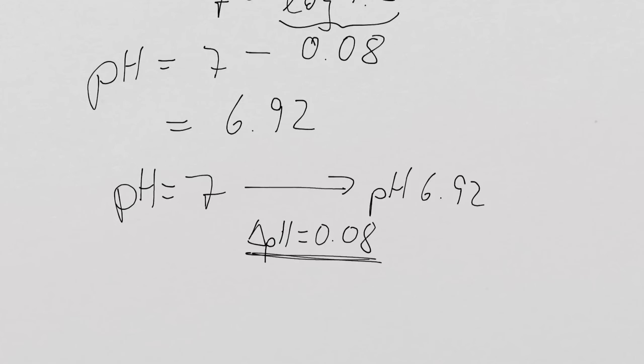Would you stick your finger into the solution of pH 6.92? 6.92, yeah? That's pretty safe. Would you stick your finger into a solution of pH 2? Definitely not. You see what this acid and base in the solution does.